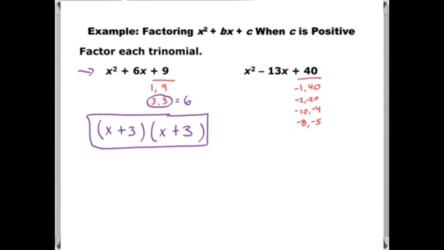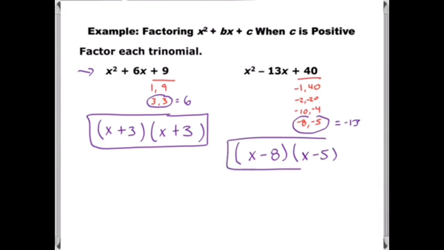The factors here that add together to give you negative 13 would be negative 8 and negative 5. So we create our two binomials. We end up with x minus 8 and x minus 5. And so these are the binomials that create that trinomial.